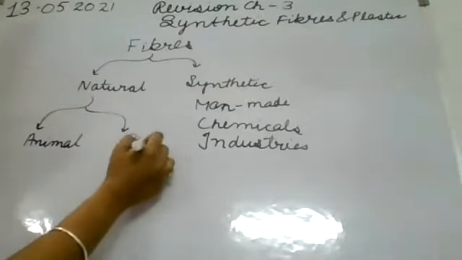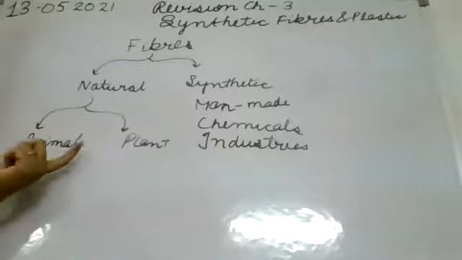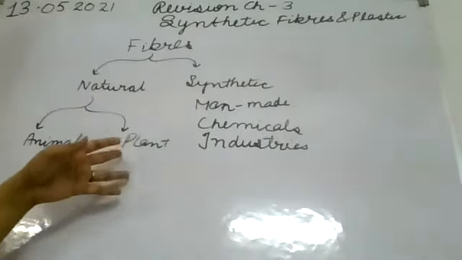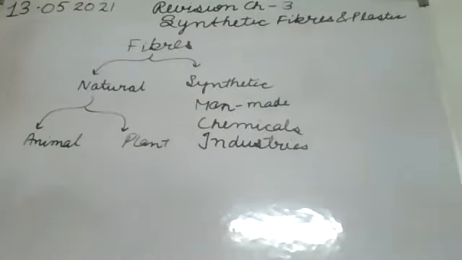The fibers that we get from plants are called plant fibers and those from animals are called animal fibers. Clear? Examples of plant fibers are jute and cotton, and from animals we get wool and silk. So in this chapter we thoroughly study the synthetic fibers.